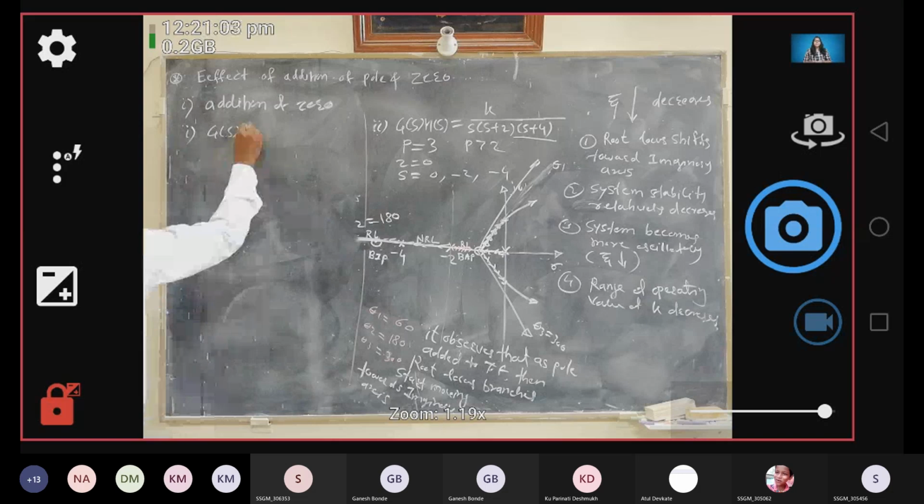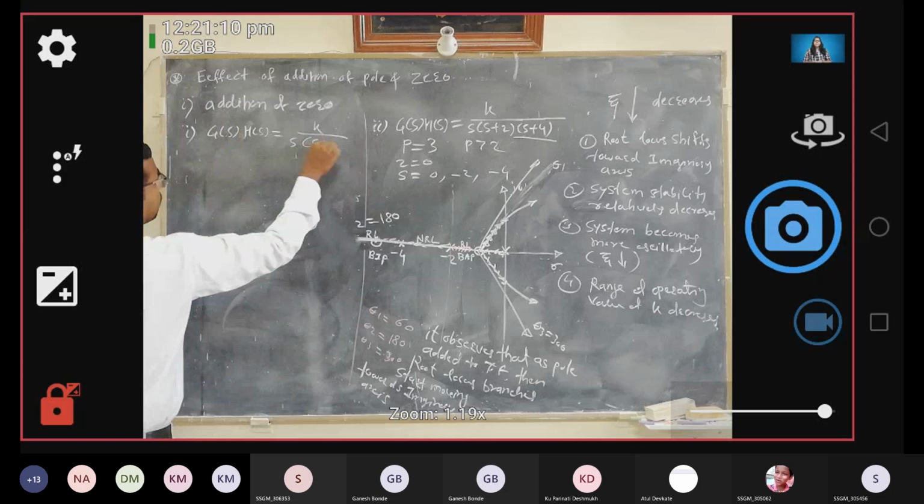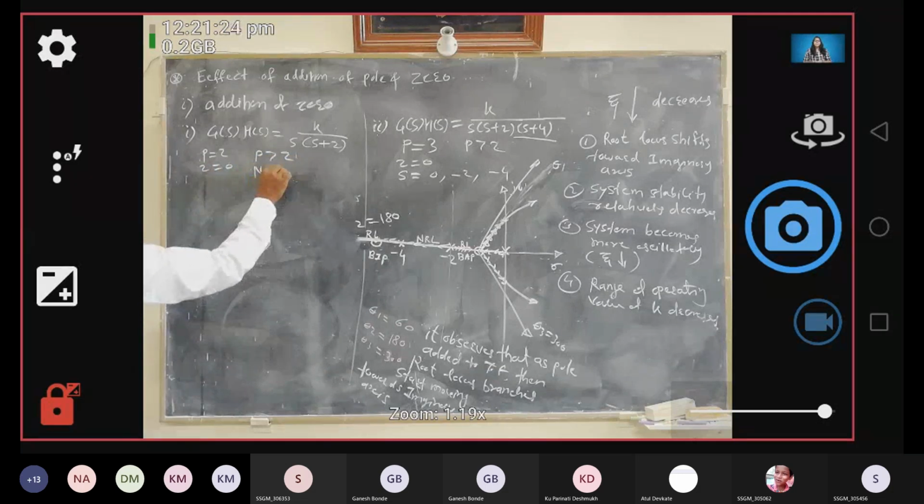G of S into H of S equals K upon S into S plus 2. So its root locus is similar to the previous one. P is equal to 2, Z is equal to 0, so P is greater than Z, therefore N is equal to P is equal to 2.